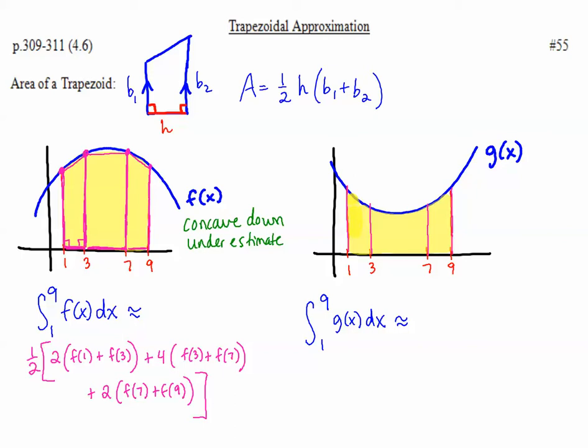Over here, similar process, but notice how when I connect those, up on the right, up on the left, now it's overestimating. So think of when a function is concave up, like this function, that is an overestimation.